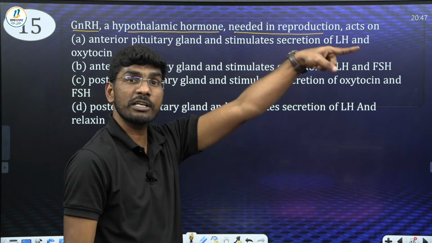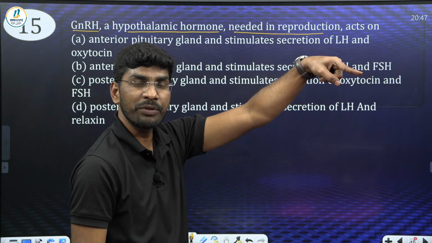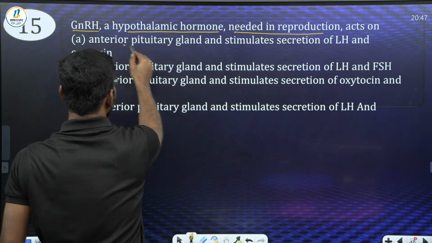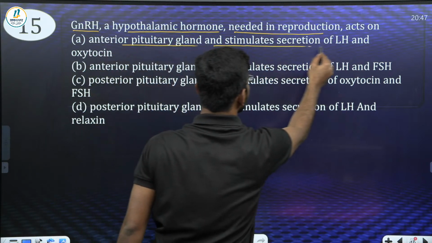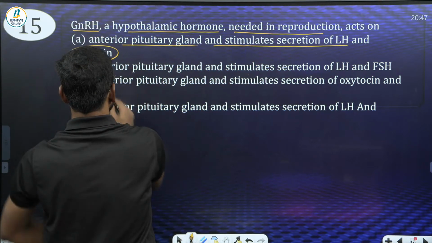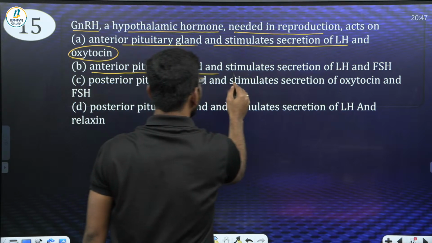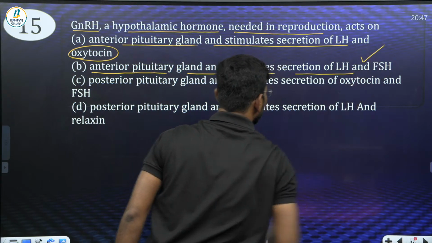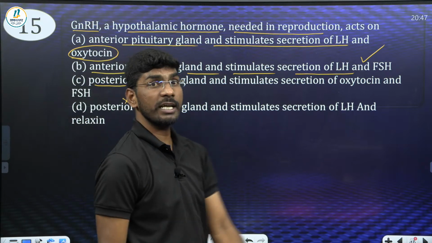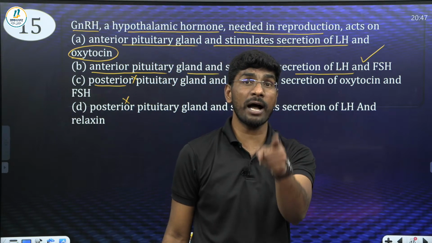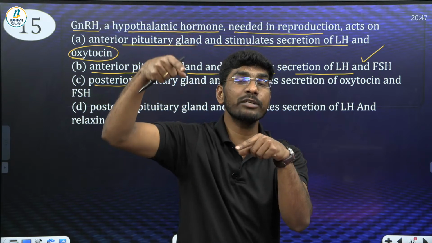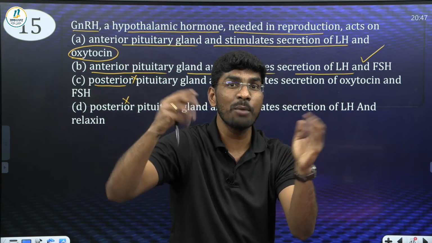Oxytocin, the milk ejection hormone. Gonadotropin releasing hormone acts on the anterior pituitary, called adenohypophysis. So the anterior pituitary gland stimulates the secretion of LH and oxytocin. No. Oxytocin from where? Posterior. Anterior pituitary gland stimulates the secretion, yes, absolutely correct. The posterior part of the pituitary releases oxytocin, which acts on the smooth muscle of the uterus.